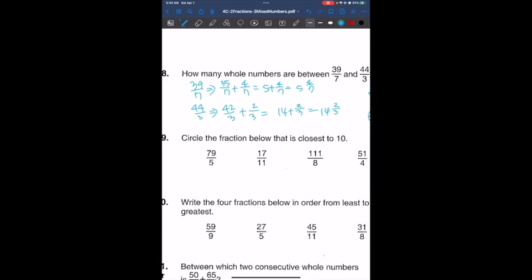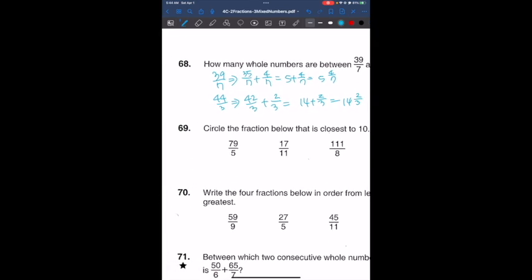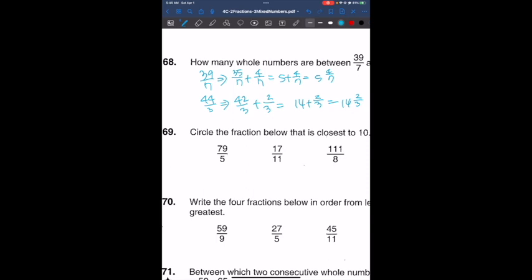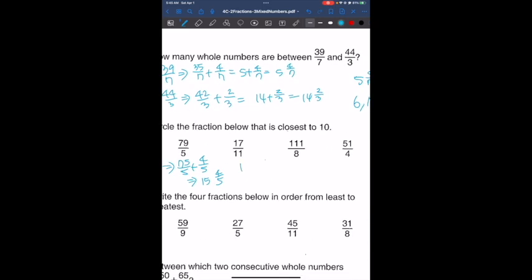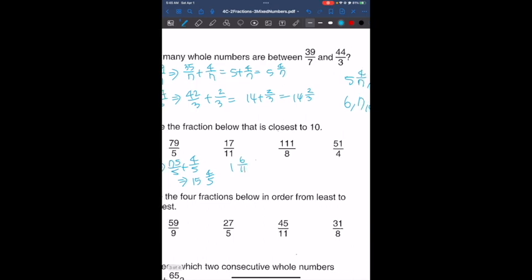Then it says circle the fraction below that is closest to 10. So 79 over 5 can be written as 75 over 5 plus 4 over 5. And so that is going to be 15 and 4 over 5. 17 over 11 is going to be 1 and 6 over 11.